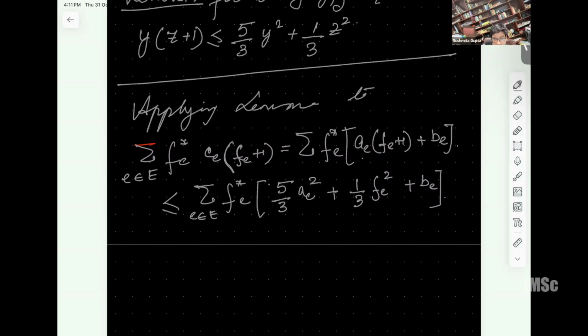Is this correct? Right? A is Y, Y squared, and Z, oh sorry, Z is my FE. So 1/3 FE squared plus BE, right?